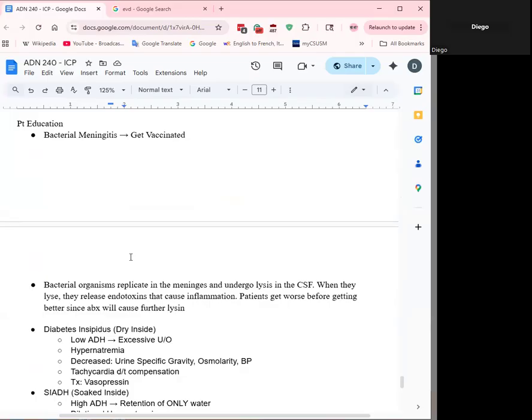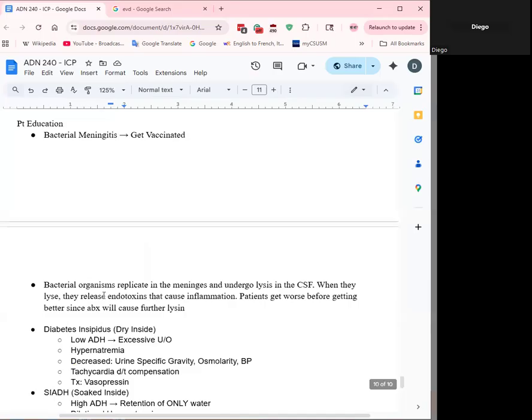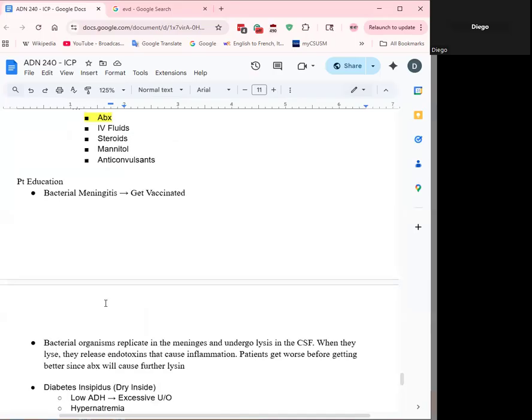Some patient education would be vaccination. Certain people at higher risk can get vaccinated. The only other thing worth noting for meningitis is that when the bacteria that cause meningitis are destroyed, they release toxins.